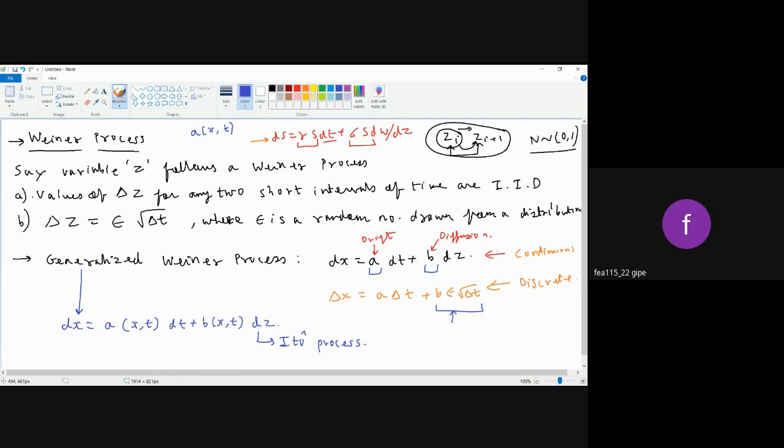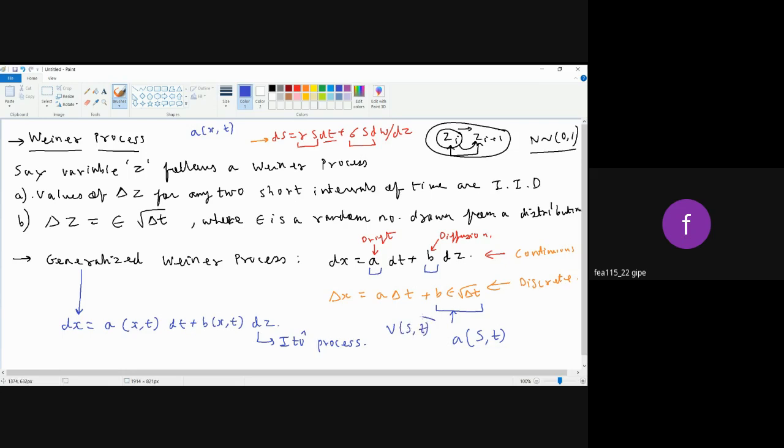And the idea why I have introduced these two things, x and t, is because finally I want to apply this to a certain derivative, which is dependent on a certain underlying asset. So imagine that x is something like a stock price. So I may want to write this as V of S, t, something like this.